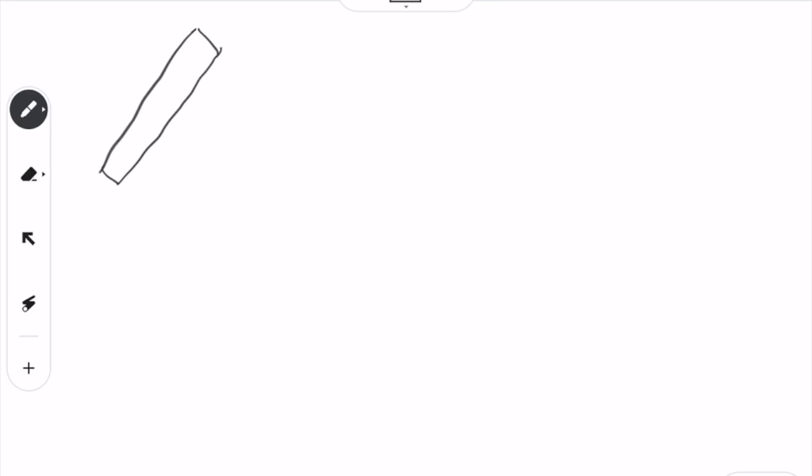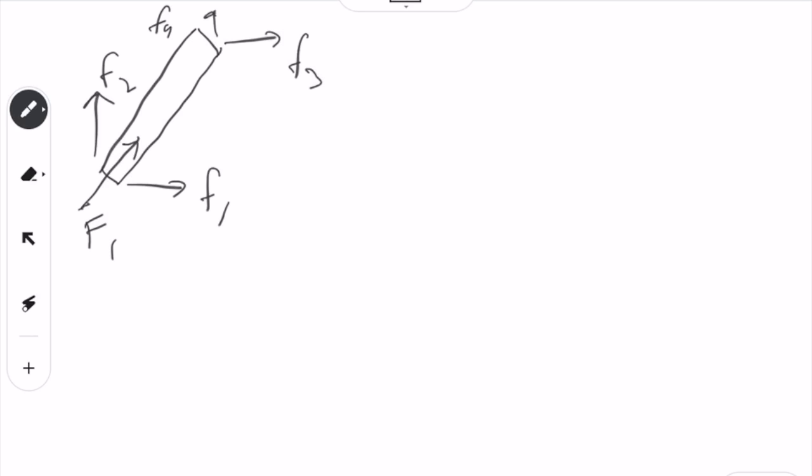So you have f1, f2, and here we have f3, f4, and we are going to relate them with F1 and F2. The same kind of equation can be written here as well.